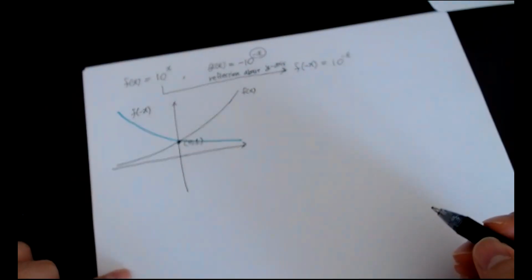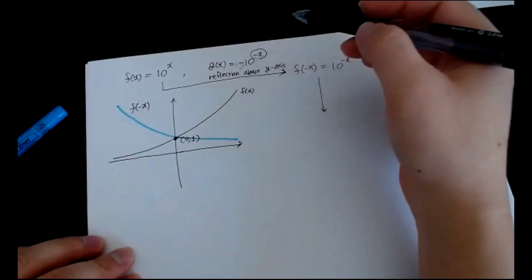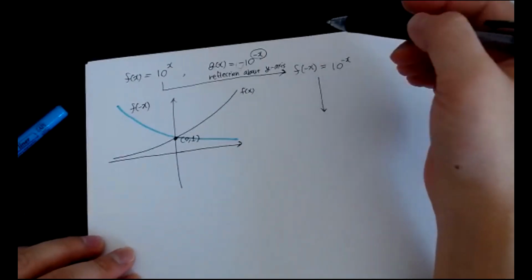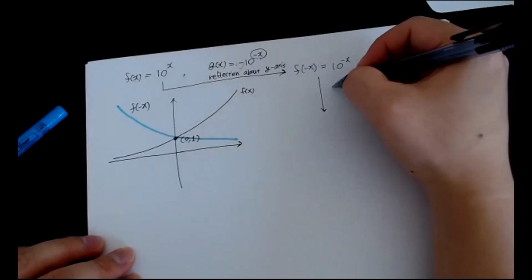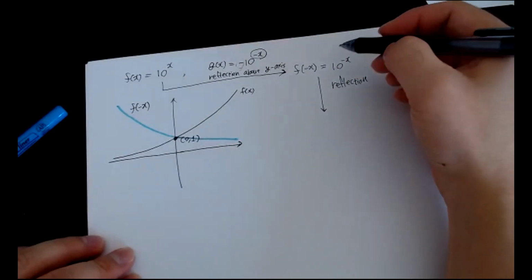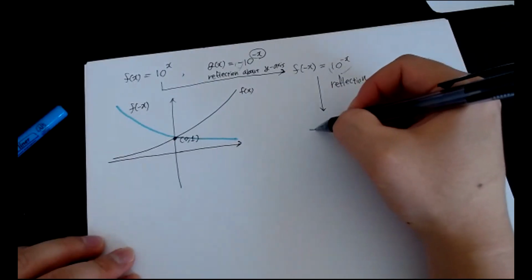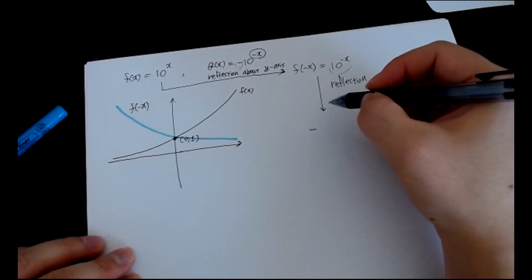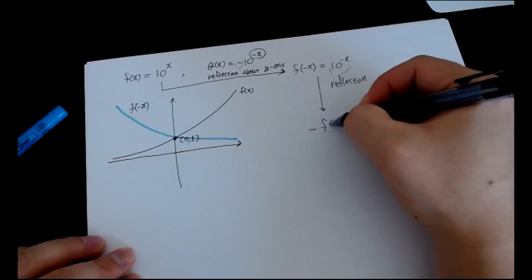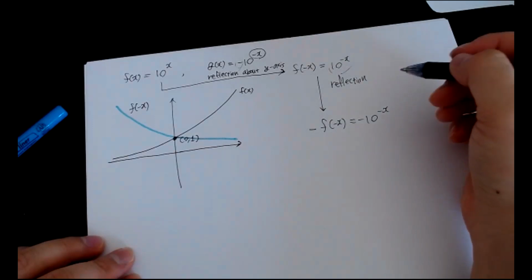Now we need to get the negative sign in front of f(-x). To get the negative sign here, we need to multiply f(-x) by negative 1, which gives negative f(-x), which is negative 10 to the negative x power.